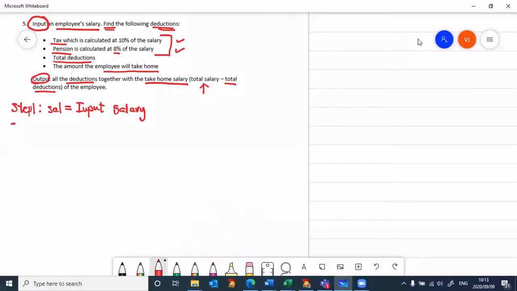Step 2. In step 2, we now need to look at the process. Find the following deductions. So the first deduction is the tax.